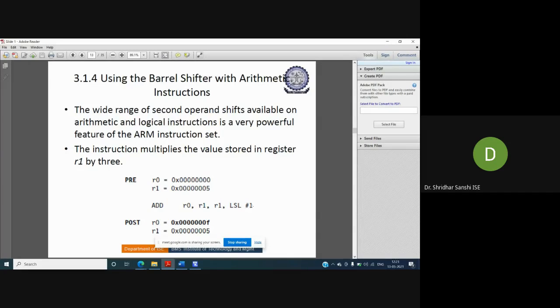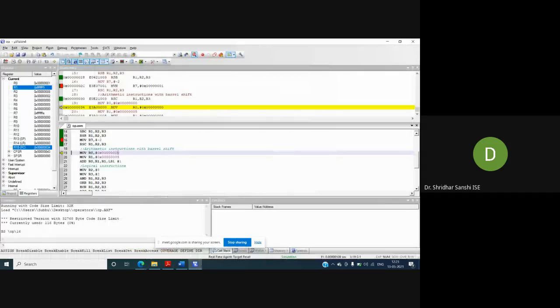We are shifting by 1, and after adding, this is the result. Let's see this.